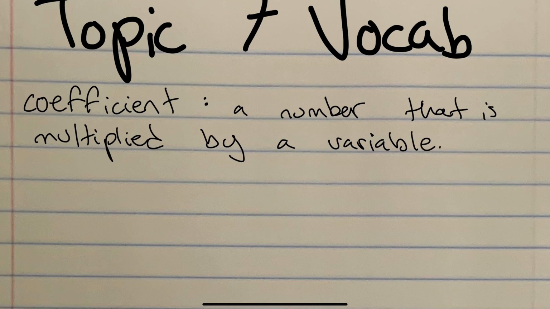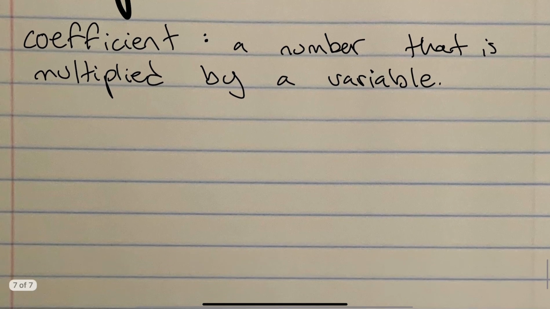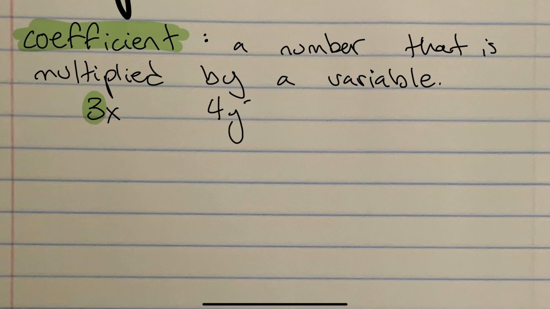Cool. So an example of a coefficient would be like 3x, where the 3 is the coefficient. Or let's say 4y squared. The coefficient in this one would be the 4, because it's being multiplied by the variable. Or let's say if we had something a little bit more complicated, the number out front would still be our coefficient.